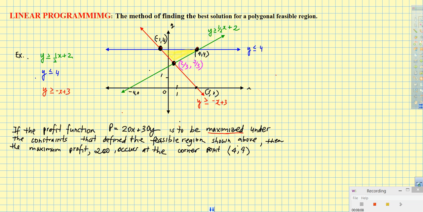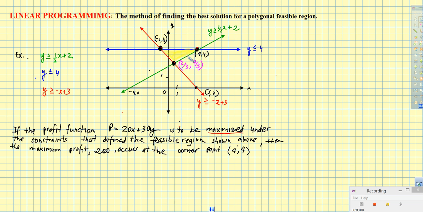Your goal is to find a triangle with 3 points or a quadrilateral with 4 points, because remember we said the best solutions are found at the corners.